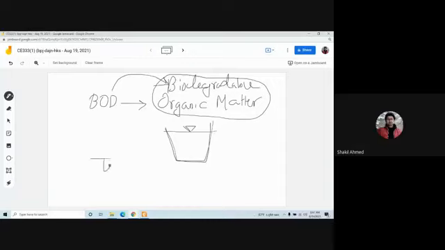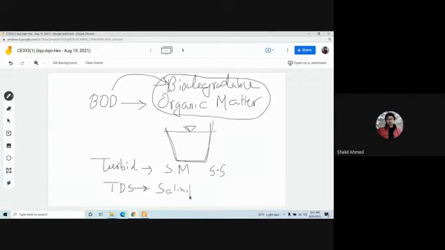What does turbidity represent? Presence of suspended material, right? Suspended solids. What does TDS represent? Salinity.